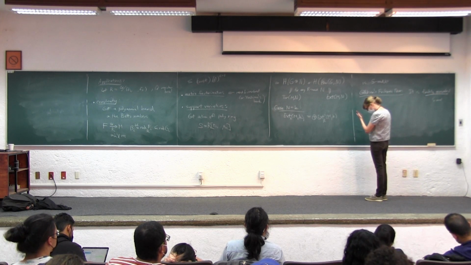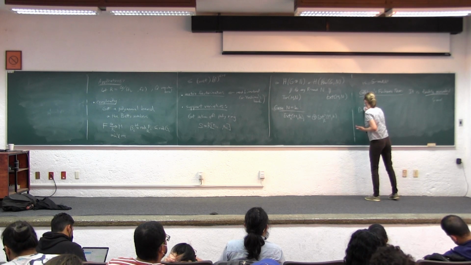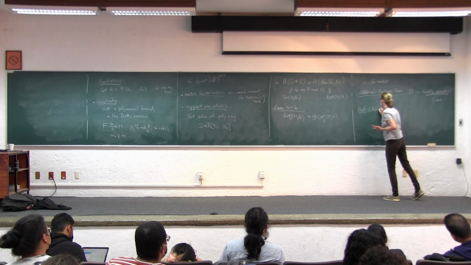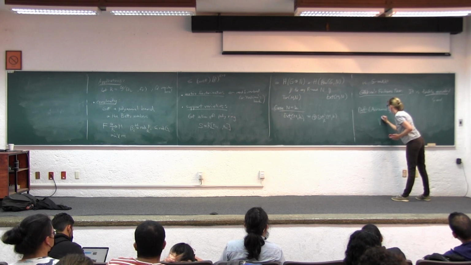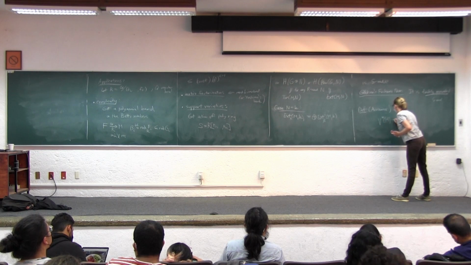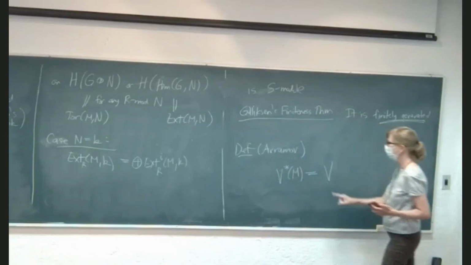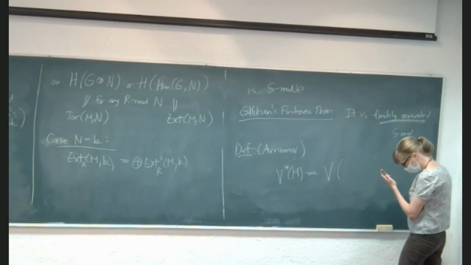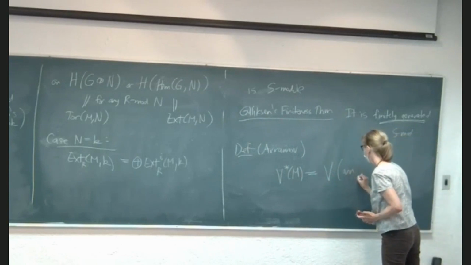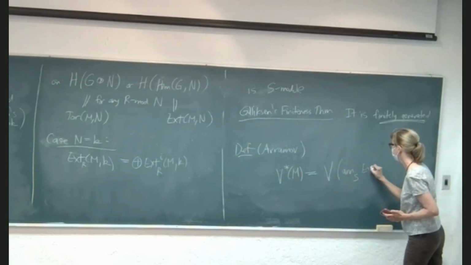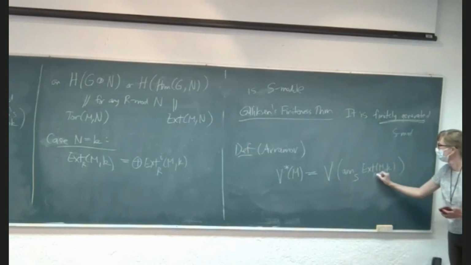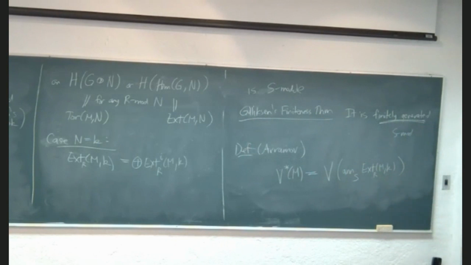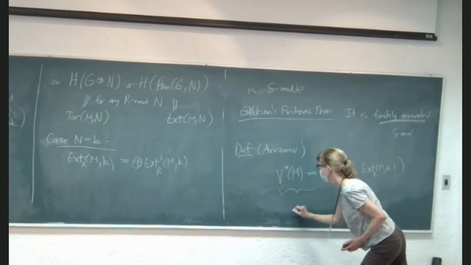So in fact, the definition from Avramov of a support variety is that the support variety V*(M) is the V, as in algebraic geometry, the vanishing set of the annihilator in the polynomial ring of this Ext of M and k over R. And this is an interesting variety.